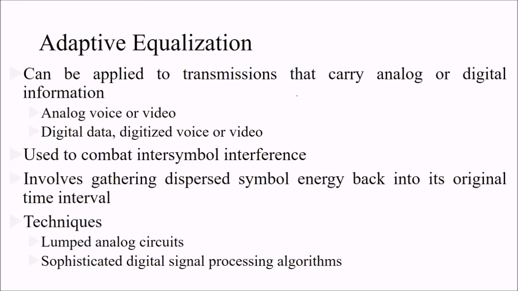This can be applied to transmission that carries analog or digital information, both analog voice or video and digital data, digital voice or video. It is used to combat ISI, that is intersymbol interference. It involves gathering dispersed symbol energy back into the single original time interval. The technique uses lumped analog circuits and sophisticated digital signal processing algorithms.